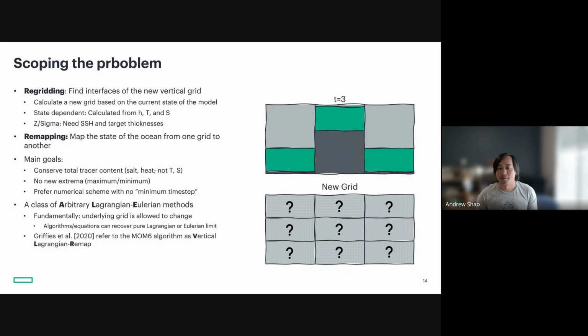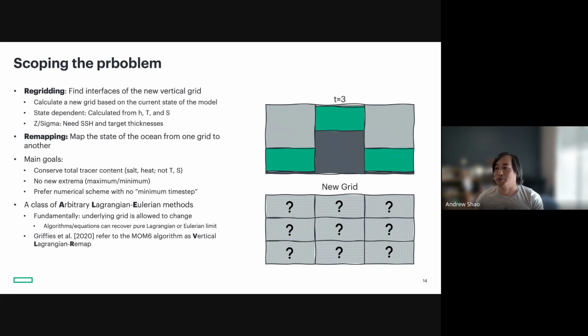So that is salt and that's heat. There is no statement of conservation of temperature in our equations of motion. It's all a conservation of heat or salt, these integrated quantities. So we would like to say that if we calculate the total content, especially if we're only thinking about the vertical now, we would like to preserve the total tracer content in the vertical when we column integrate. So that's one requirement.